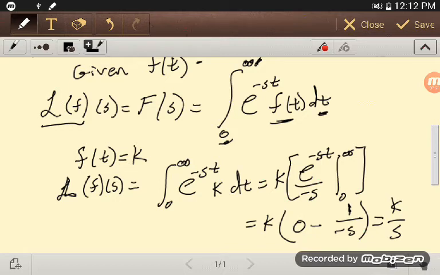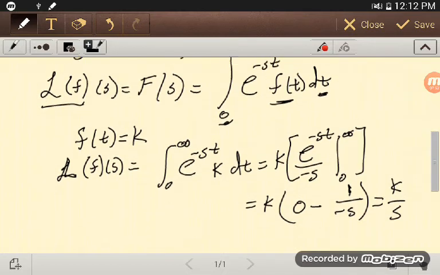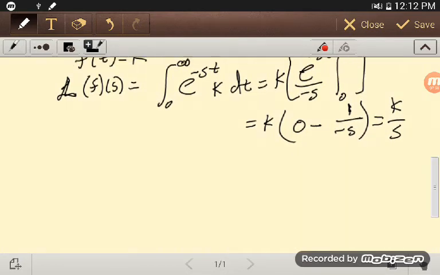I'll do one more of their examples in the text. So suppose we have f of t equals e to the at, something like that.